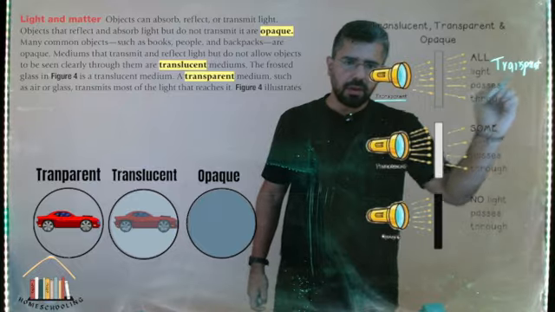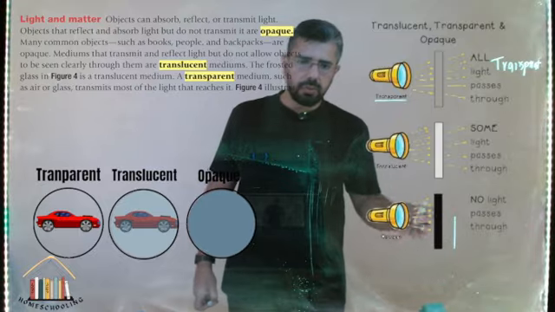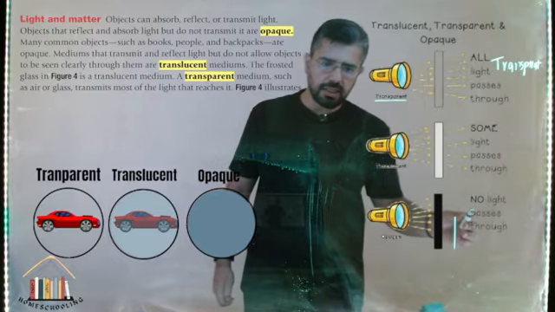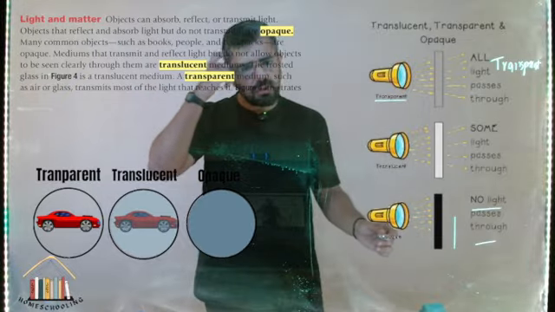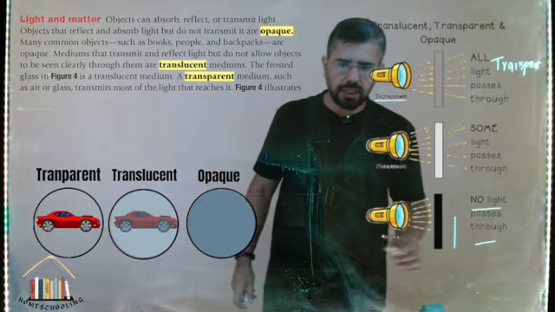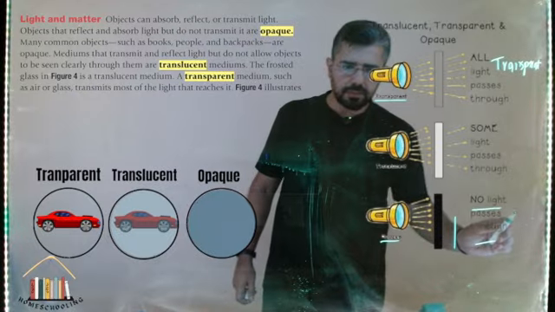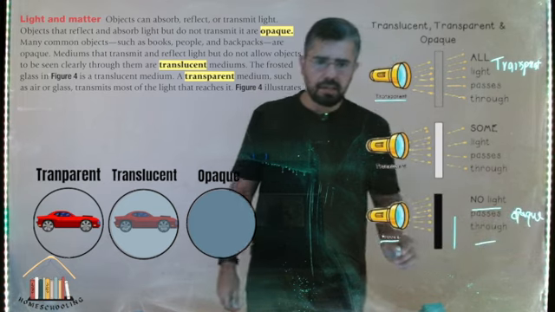What if the light is blocked? We don't see, no light is passing through. So this is called what? This is called an opaque object. As you see here, can you read? This is an opaque object.